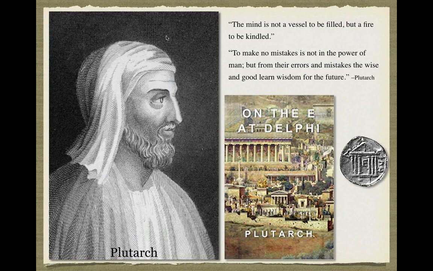He wrote, "The mind is not a vessel to be filled, but a fire to be kindled. To make no mistakes is not in the power of man, but from their errors and mistakes, the wise and good learn wisdom for the future."